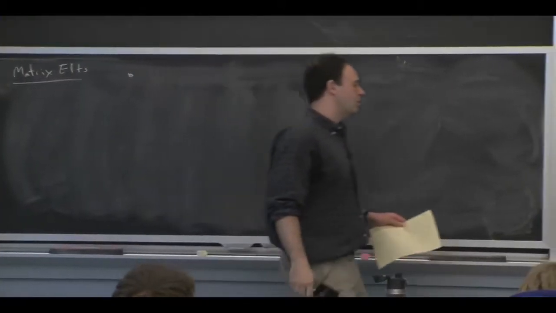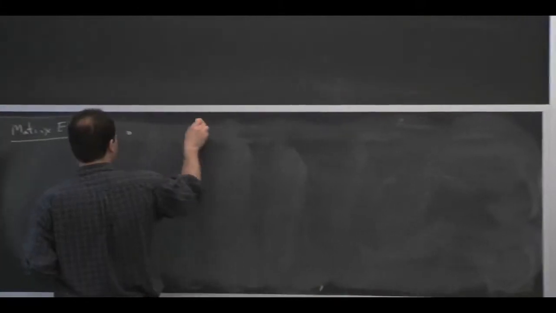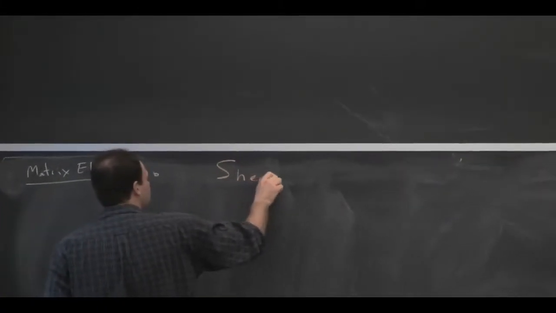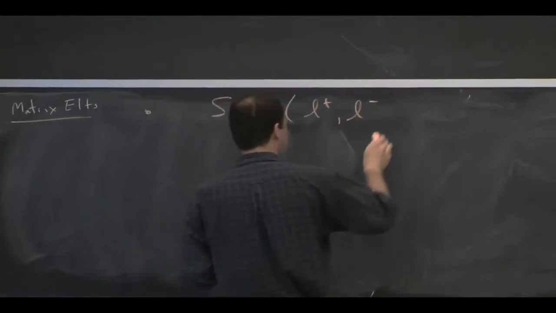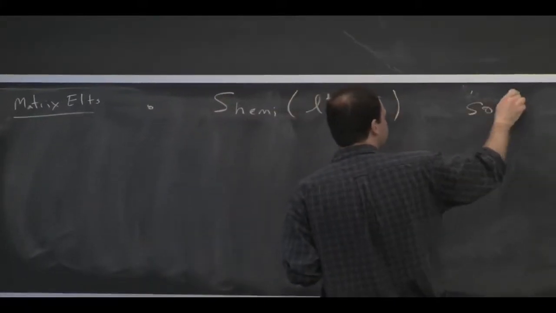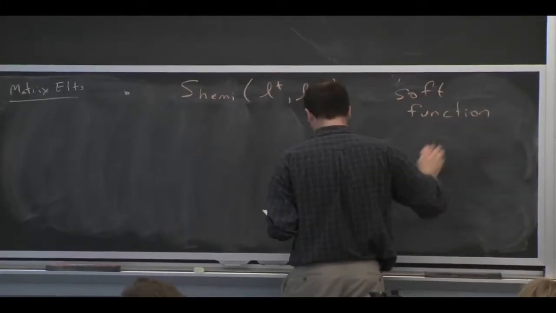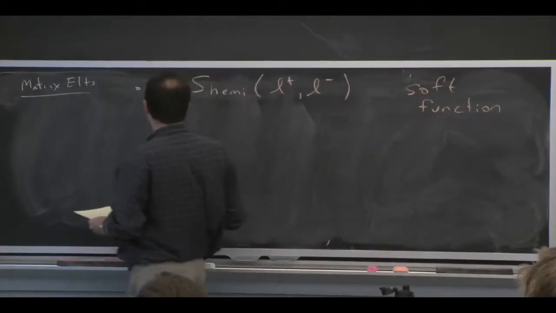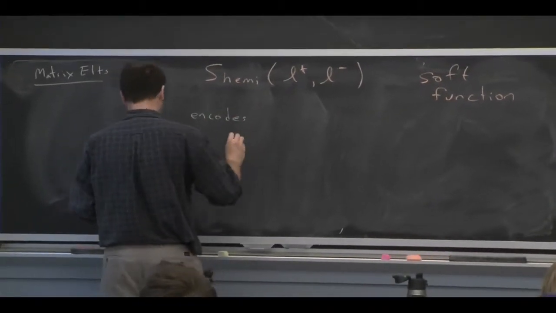So this is just some function, keeping the color the same, of L plus and L minus. And it's called a soft function. And at this stage of the game, it's actually encoding two different momentum scales.